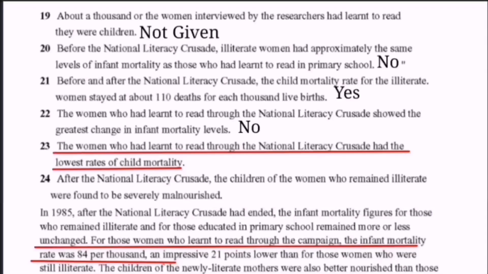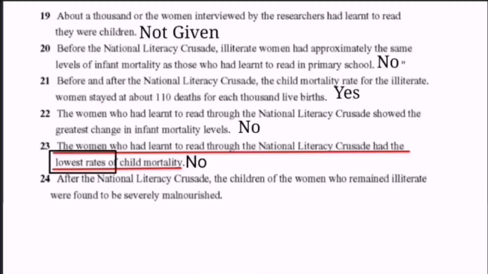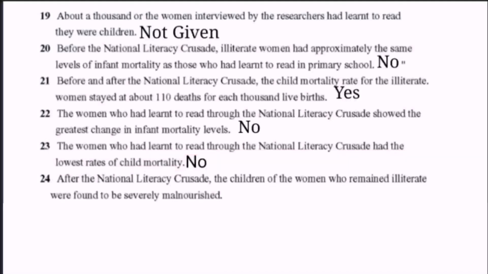That is 4% more than the start. So the infant mortality rate for the women who had learned through the National Literacy Crusade increased by 4%. Whereas the question is, women who had learned to read through the National Literacy Crusade had the lowest rates of child mortality. So our answer for question number 23 is no.